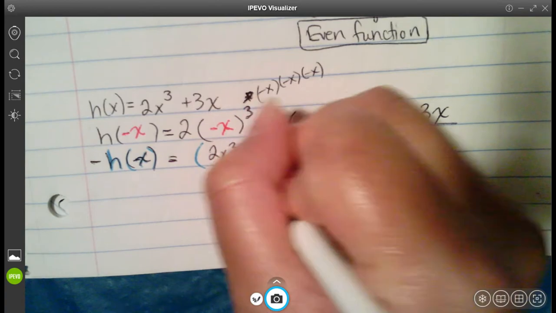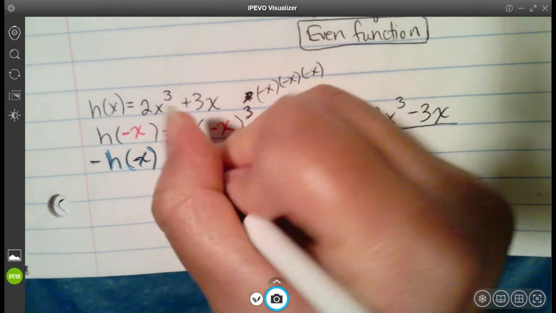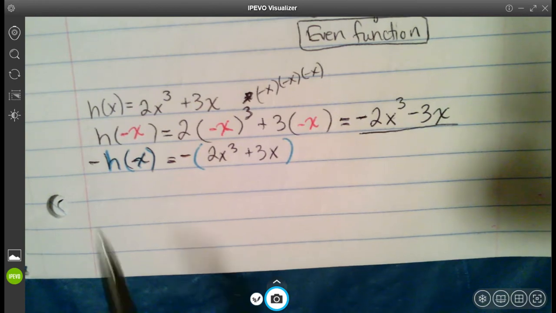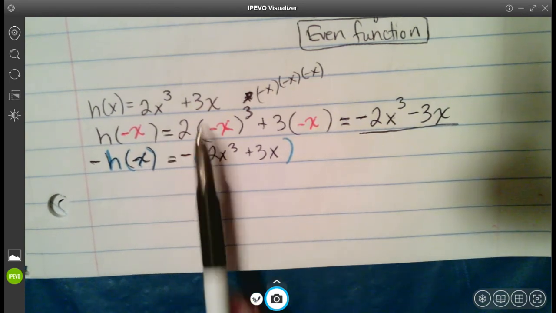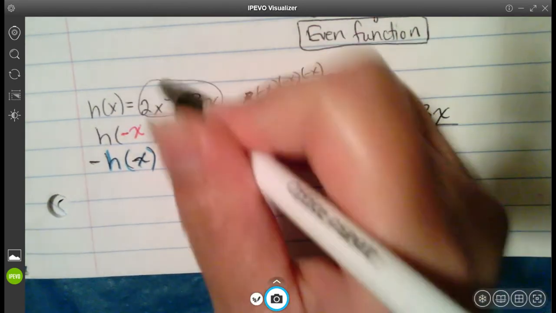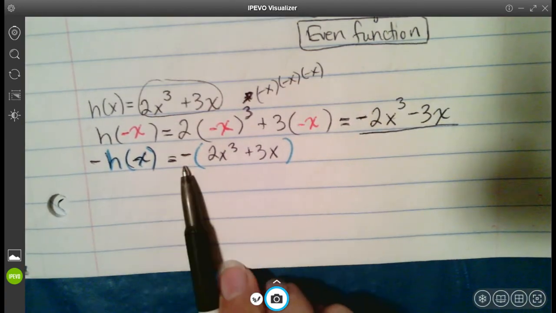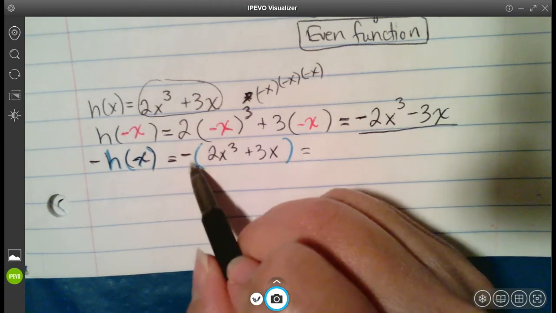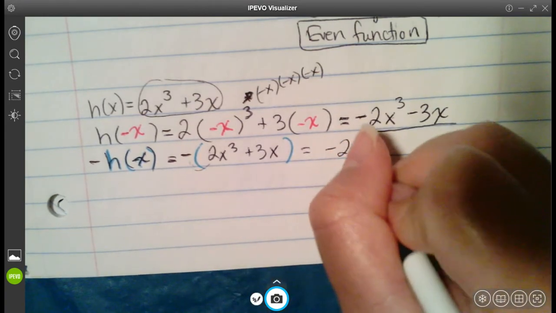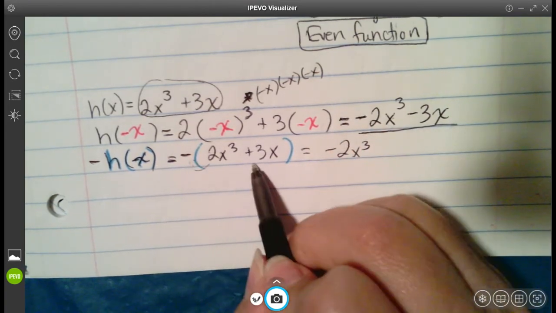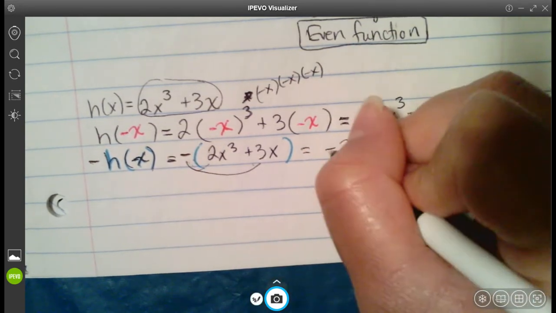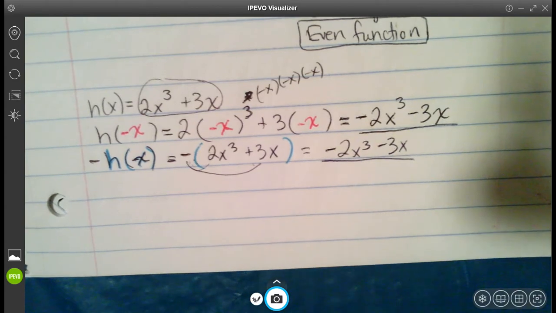So 2x cubed plus 3x, and there's my negative in front. Okay, so again, I'm taking this function and I'm putting a negative in front. Okay, so from there, I can go ahead and distribute. So I have negative 2x cubed, negative times a positive, so right here is minus 3x. Okay, and that is what this is equal to.